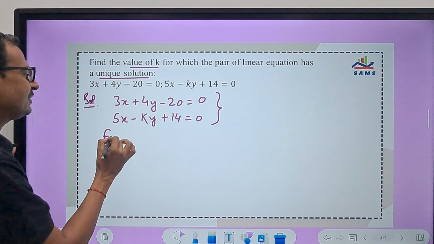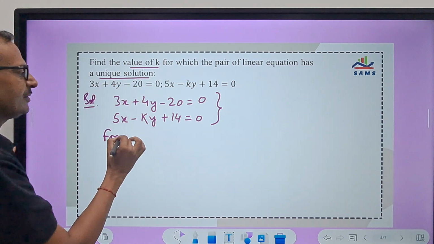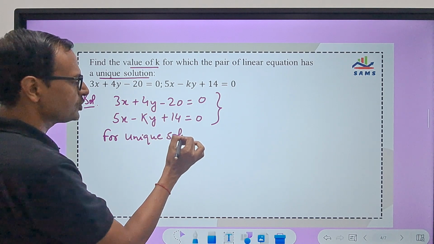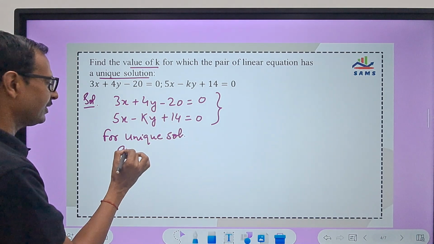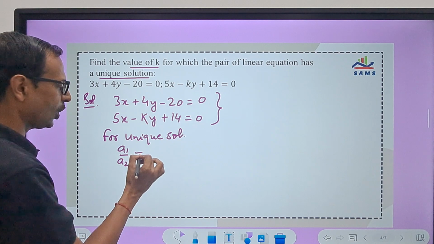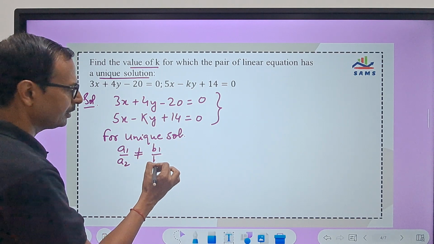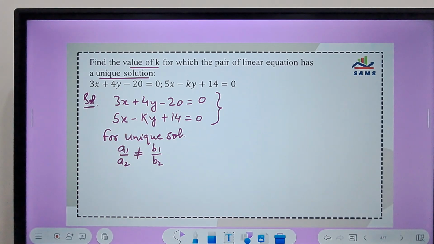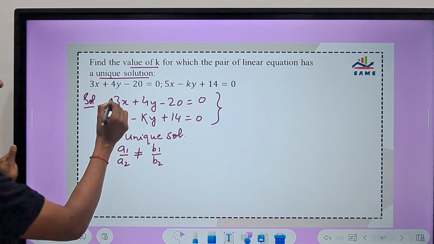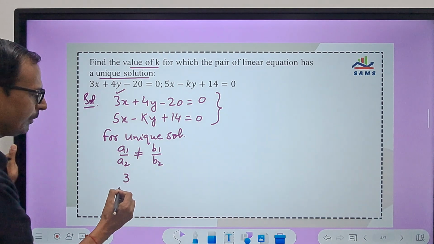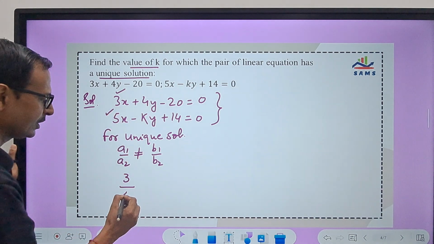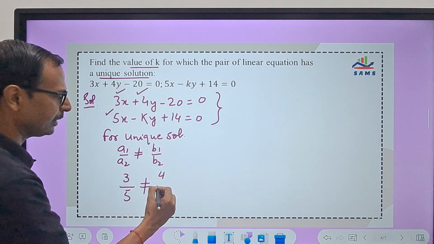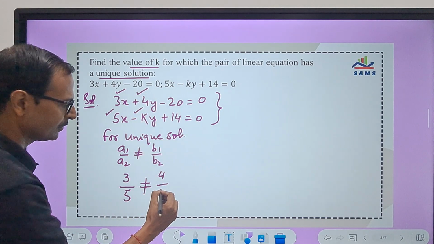Now it is given that the equations have a unique solution, and for a unique solution we should know that a1 upon a2 is not equal to b1 upon b2. Now this is the condition I am going to use to find the values of k. So let's put the values. a1 is 3 upon a2 is 5, not equal to b1 is 4 and b2 is minus k, right?